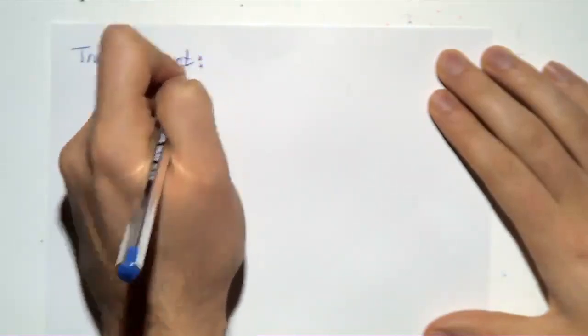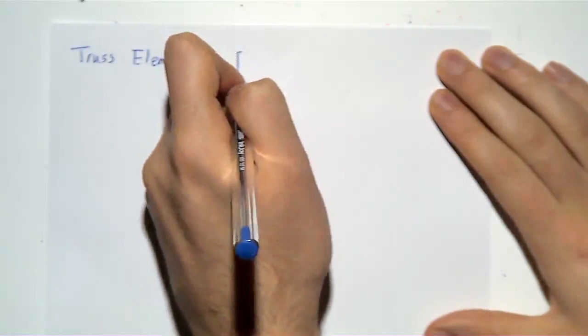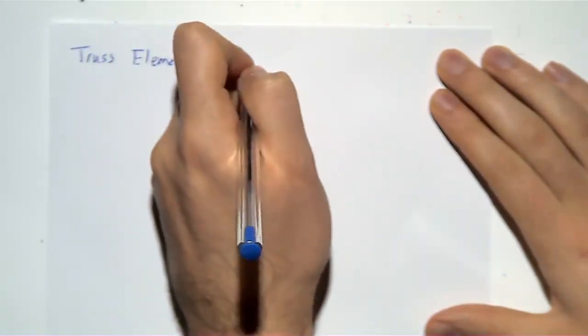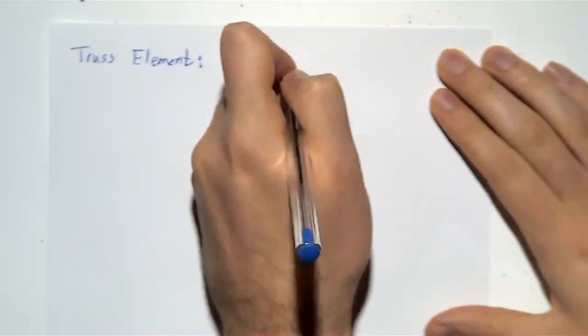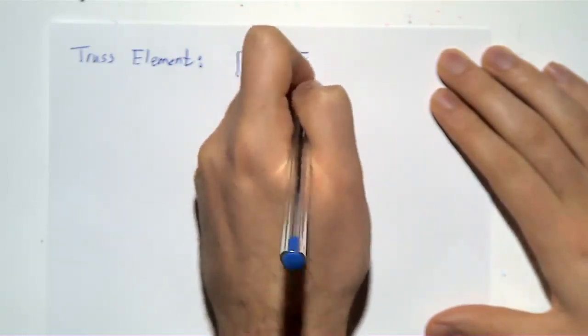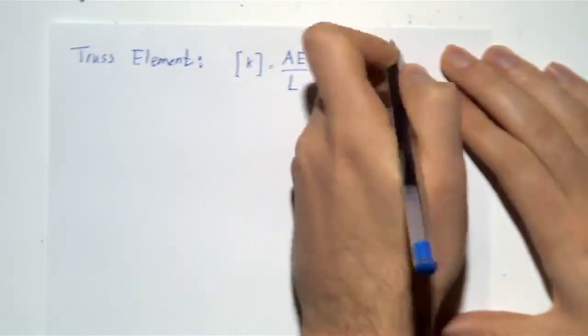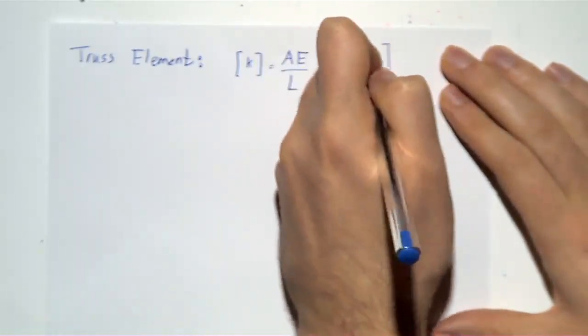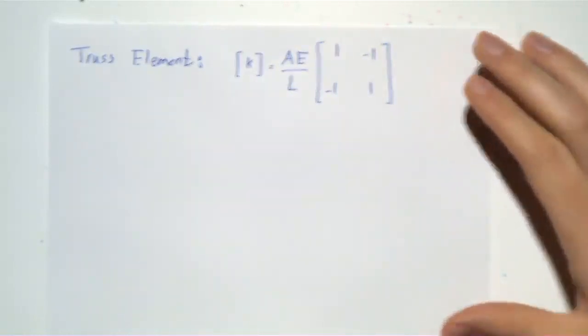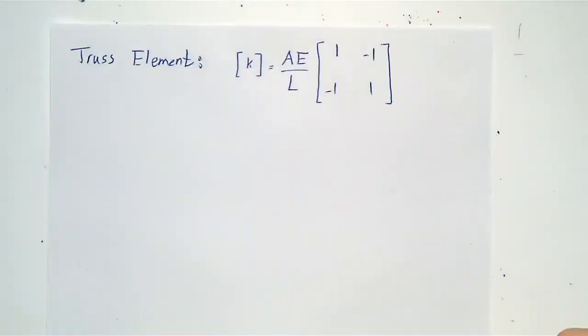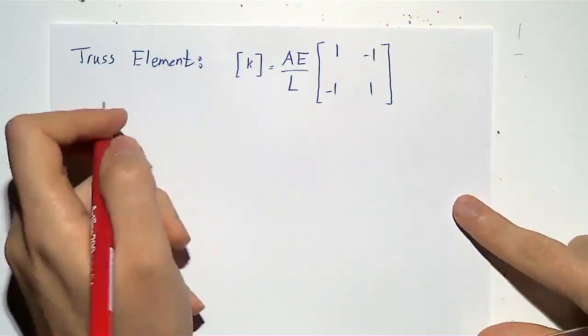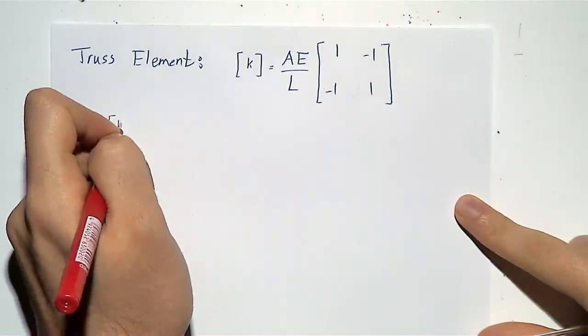We just learned that the element K matrix, or little k matrix, is A times E over L times this 2 by 2 matrix. Since elements 1 and 2 have the same properties and the same geometry, the little k matrix would be the same for them.